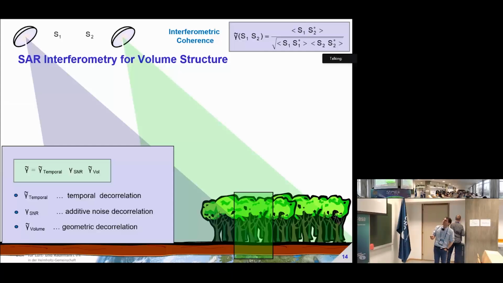Second contribution, SNR. It tells you how noisy your system is. You can actually have many factors in this decorrelation factor, but it tells you how good your system is, the hardware basically, or how well you can characterize your system, and therefore predict when you start to lose coherence between the images.